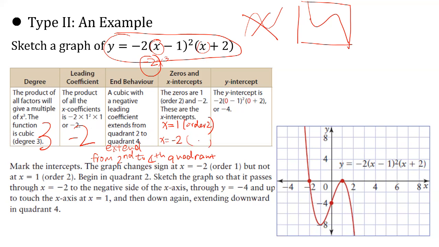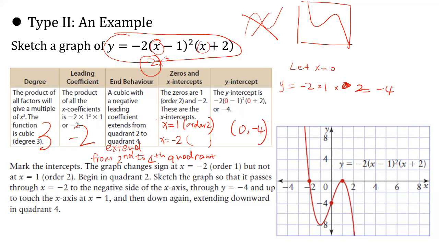By default, the order is 1, okay? And y-intercept. To calculate the y-intercept, we should let x be 0, right? If x is 0, y equals -2 times 1 times 3 times 2, which is -4. So the y-intercept is (0, -4).